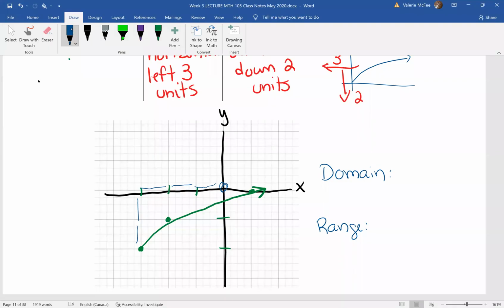When I look on my graph, I see that the lowest value on x is at -3. It's included on the graph, and then towards positive infinity. When I look at the range, I see that the lowest value is at -2, and then up again towards positive infinity.